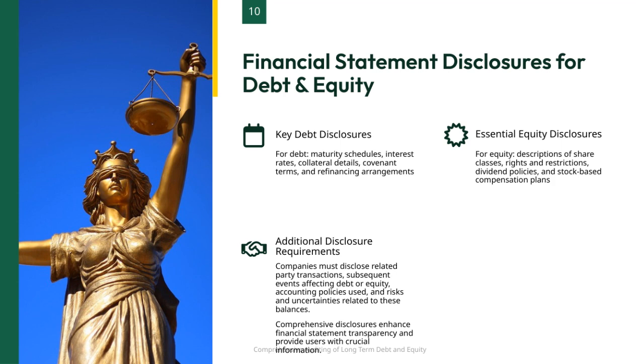Additionally, companies must disclose related party transactions and any significant events occurring after the reporting period that could affect debt or equity. They also need to outline the accounting policies applied and discuss risks and uncertainties linked to these balances. Altogether, these comprehensive disclosures improve transparency and help users better understand the financial position of the company.